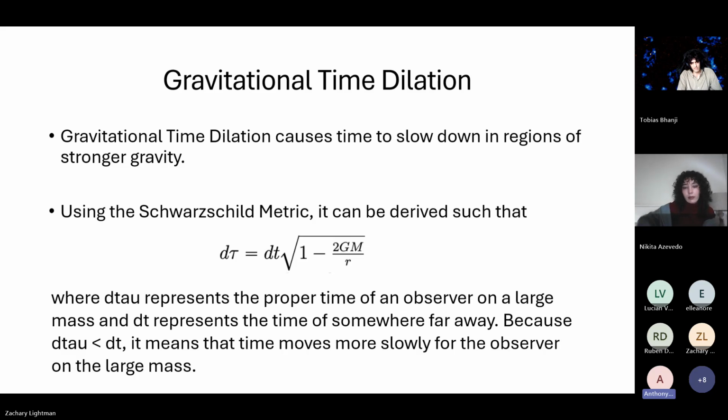From this we know that d tau is going to be smaller than dt, which means that time moves more slowly for the observer on that large mass.